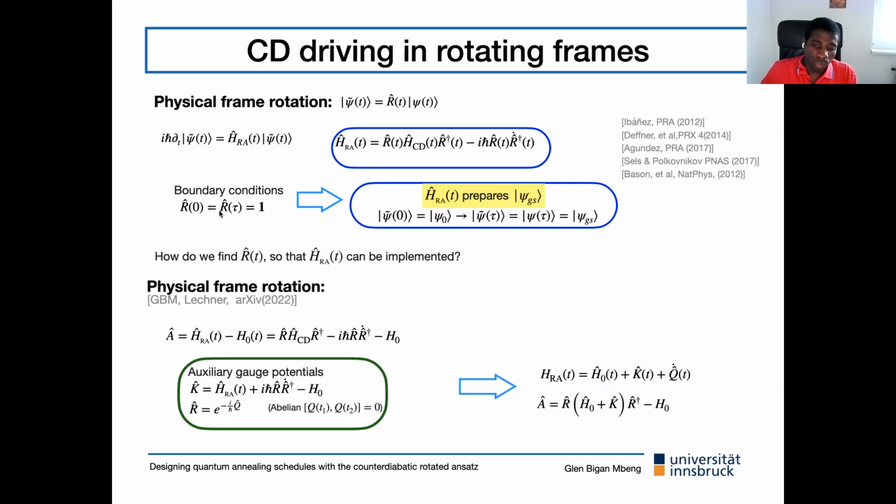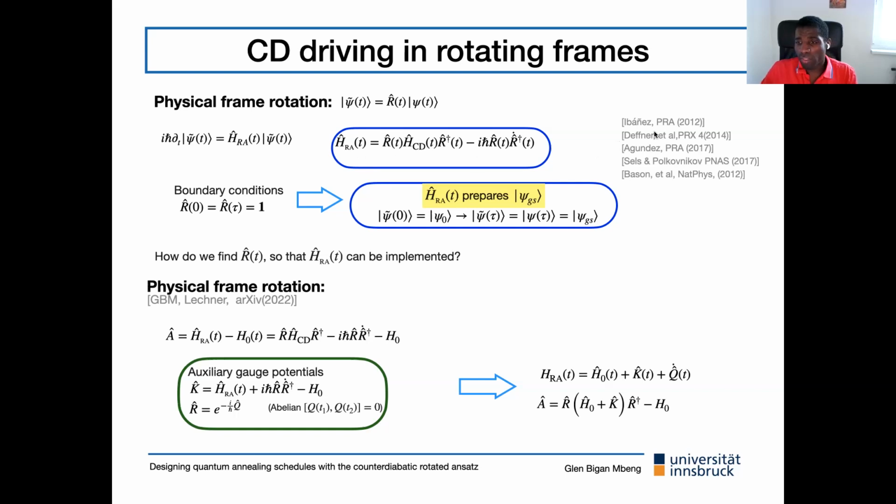So now we are trying to modify the Hamiltonian in such a way as to make it simple. The Hamiltonian H_RA is another Hamiltonian which produces the advantage of counterdiabatic driving, but it's different. I would want to choose R in such a way that this new Hamiltonian can be implemented.